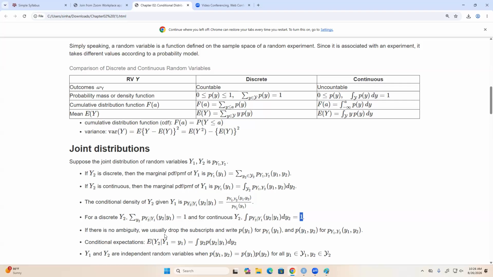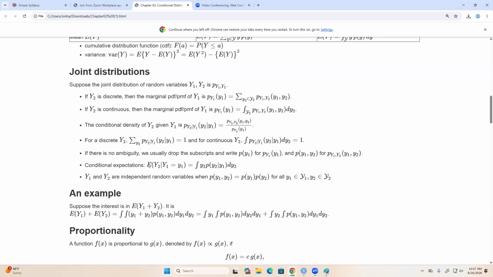And if there is no ambiguity, we will drop the subscript and write p of y1 to denote the marginal probability for the random variable y1. Similarly, we'll be using p of y1, y2 to denote the joint probability of the random variables y1 and y2.